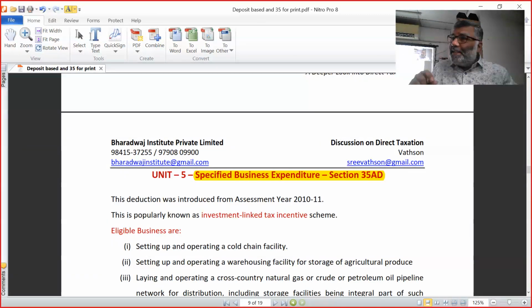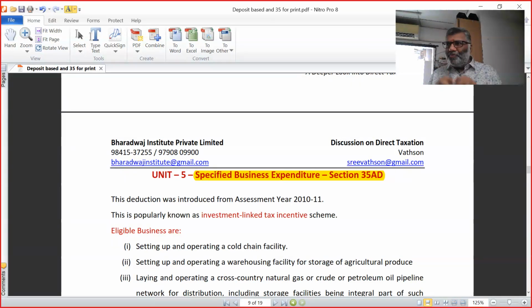So section 10 got 10AA, 10AB. 10AA is still a dynamic section. 10AB, 10C, 10D, 10E, like that, he gave more of exemption. In the initial years of Mr. P. Chidambaram, he again diverted back to deduction, 80I, which we will still study, 80IA, IB, IC, 80I based deduction.